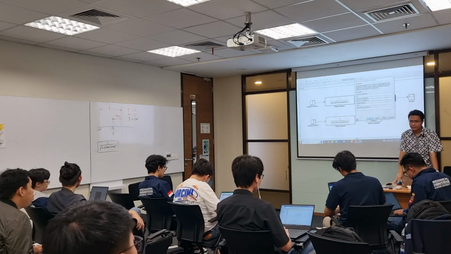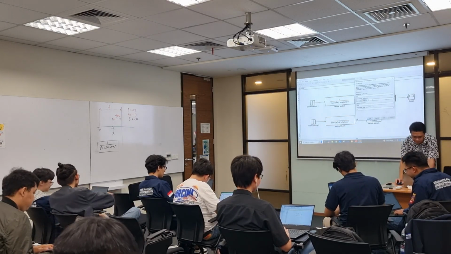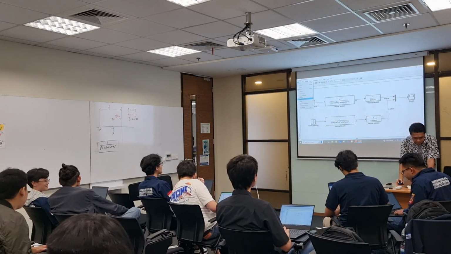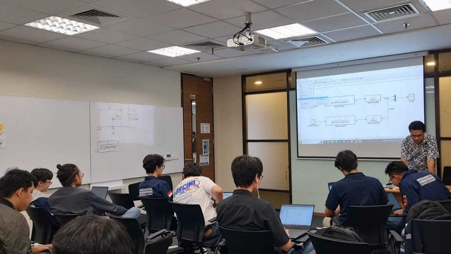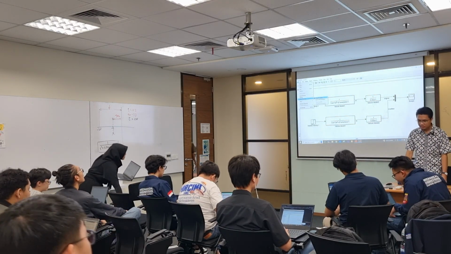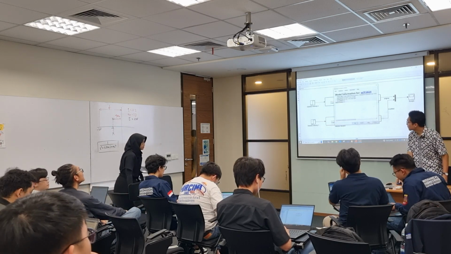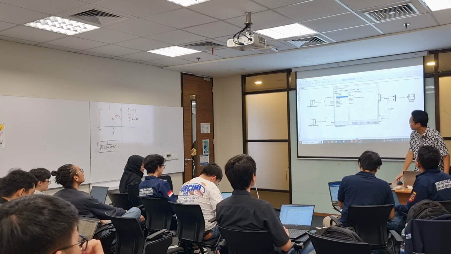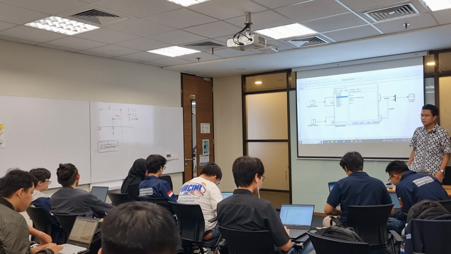How to define the omega n? You go to model properties. Here you have the model properties, and then there are callbacks here. The init function.